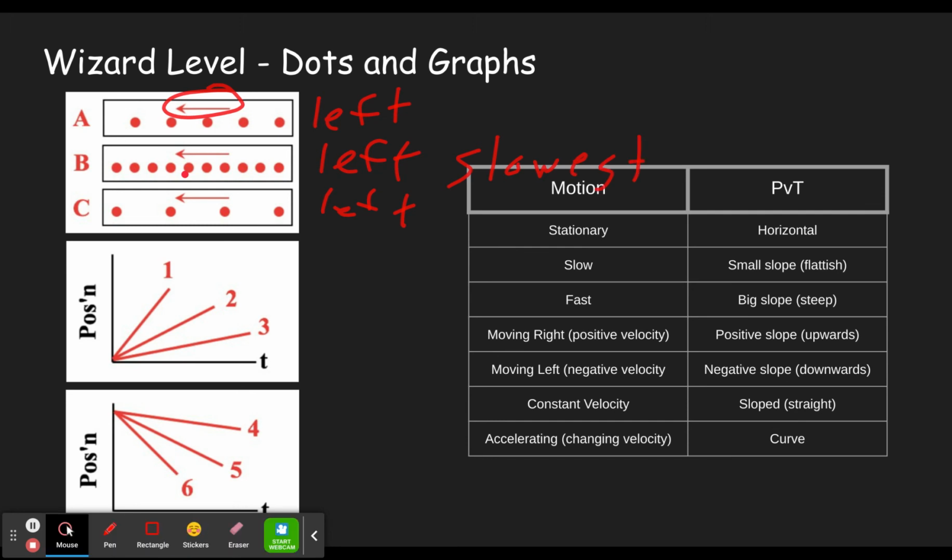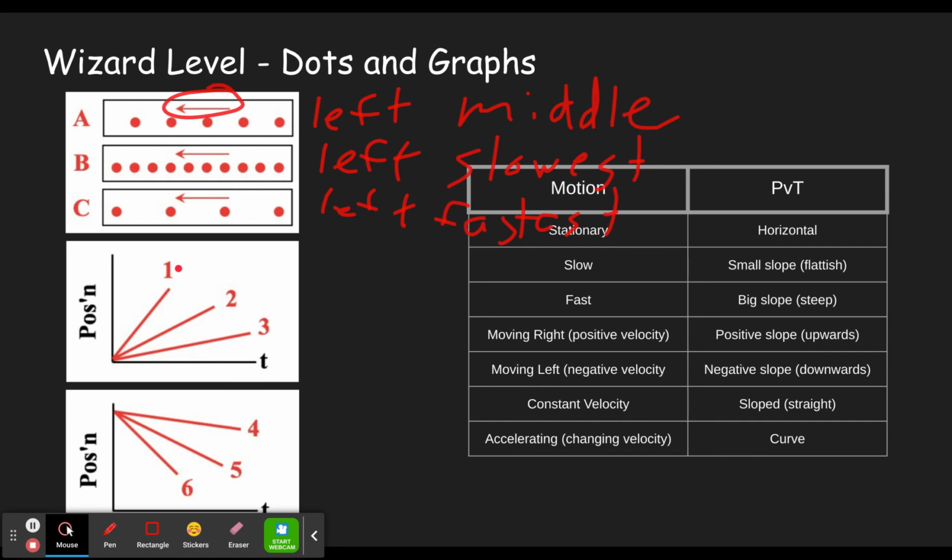Whereas C down here, the dots are far apart. It's going the fastest. And we'll just say middle for A. Okay, so those are speeds. Once you've got the direction they're going and their speed, then we're ready to go down and look at the graphs.